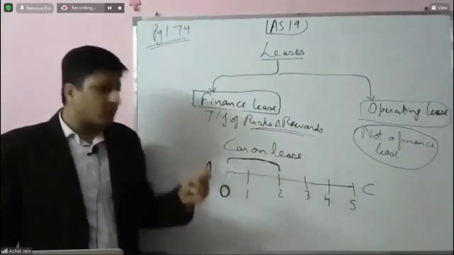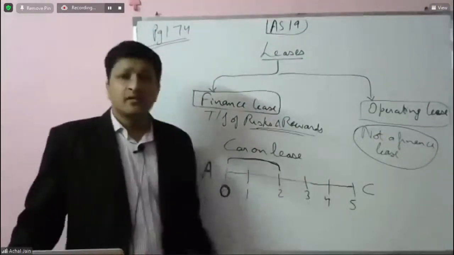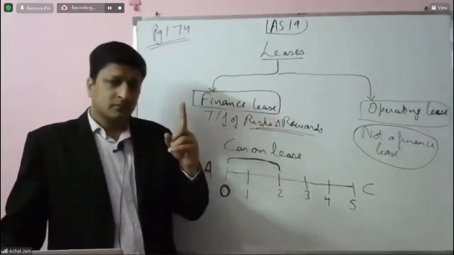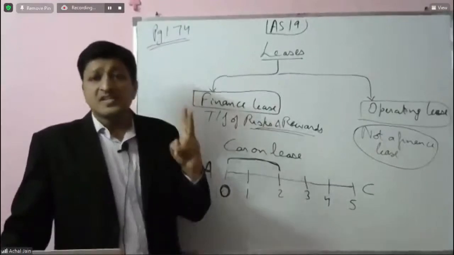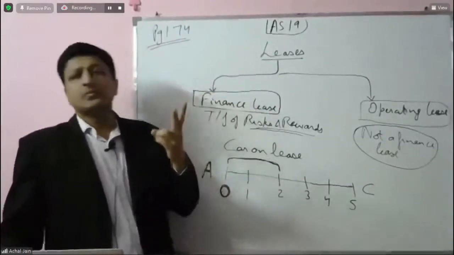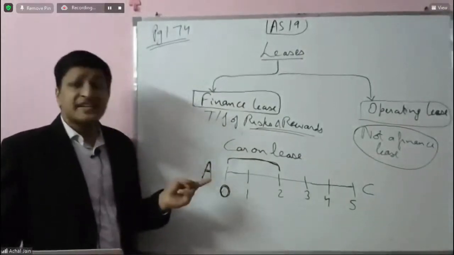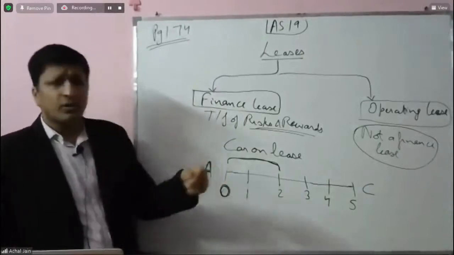So the first indicator was, is there any transfer of ownership to C? No. Is C getting any option to buy the car at the end of the lease term? No. Does this lease period substantially cover the economic life?